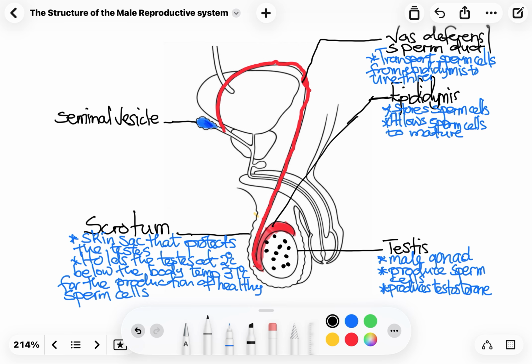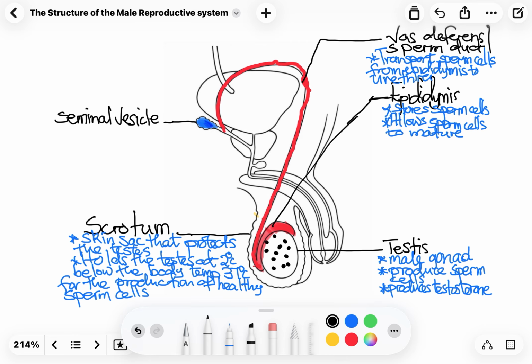The seminal vesicle produces or secretes a nutrient-rich fluid. Some books would say that it is rich in sugars, which when broken down would provide the sperm cells with energy to swim, energy to move.